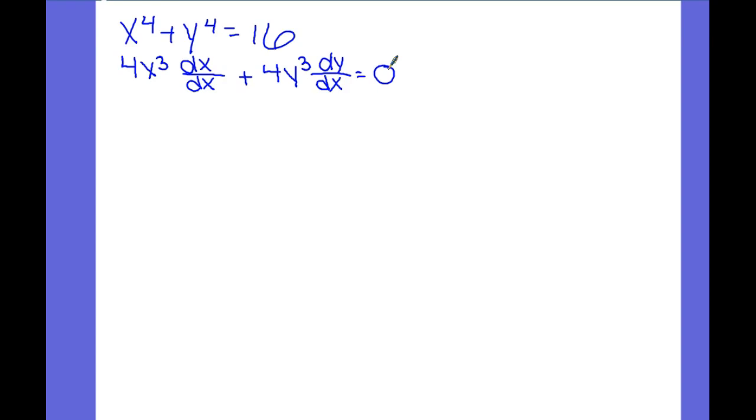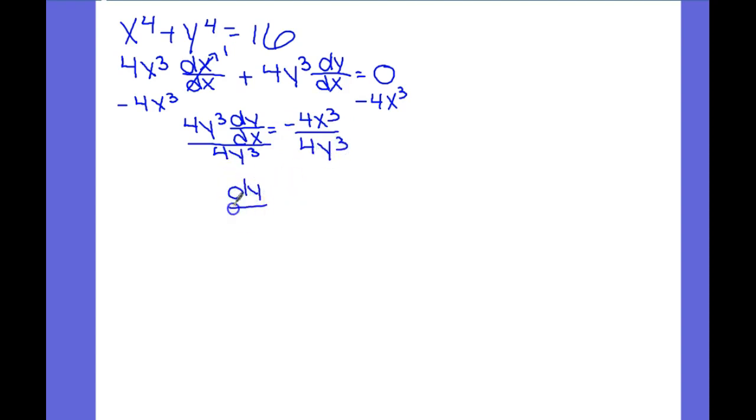So in order to solve, remember dx/dx is 1. We're going to subtract 4x cubed. We get 4y cubed dy/dx equals negative 4x cubed. Divide by 4y cubed.